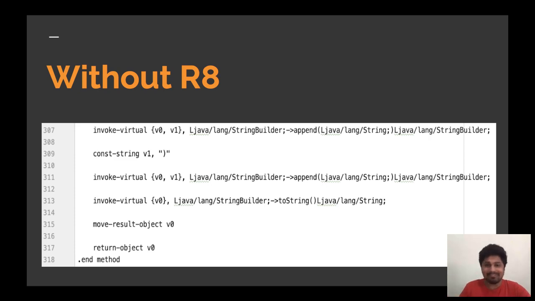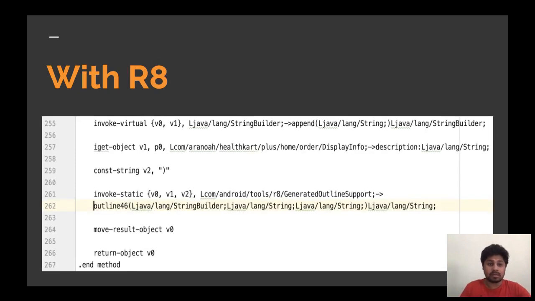It will be less if we remove empty lines in between, but still these are a huge amount of instructions. But if you compile your program with R8, as you can see, the total instructions produced by R8 are 267, which is way less than what the compiler has produced. This is how R8 helps us in Kotlin.